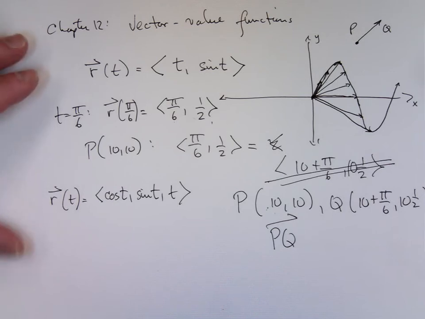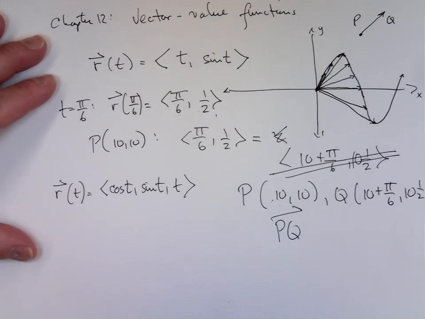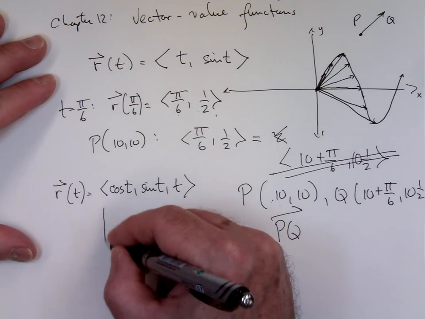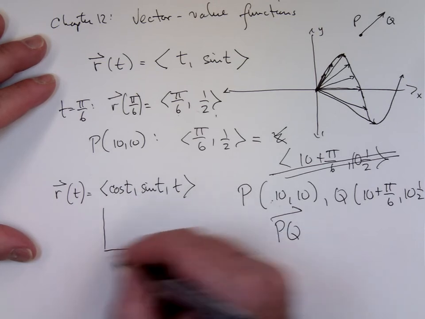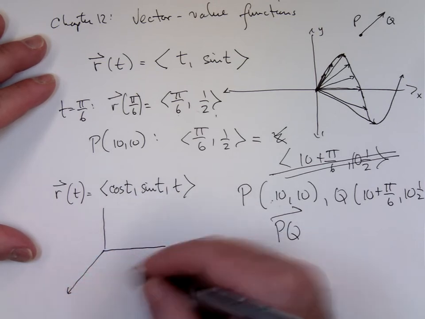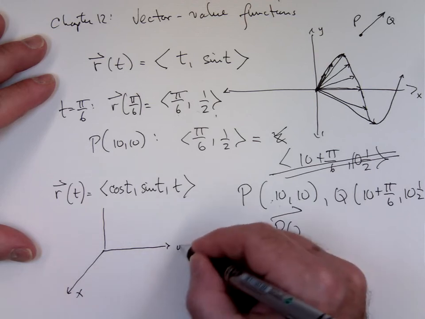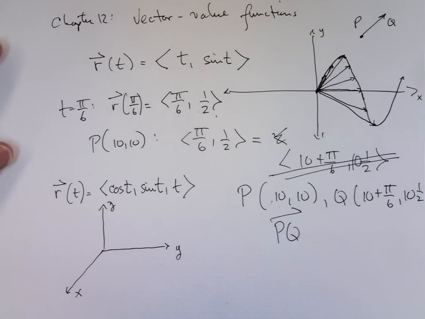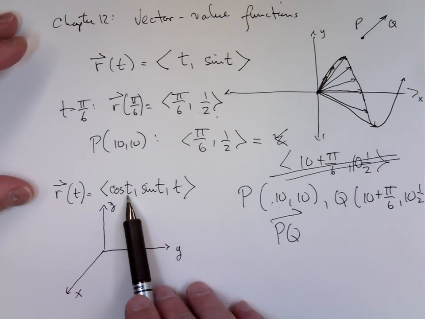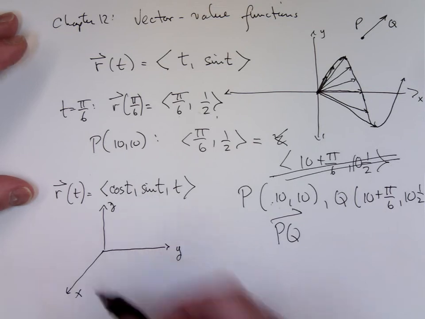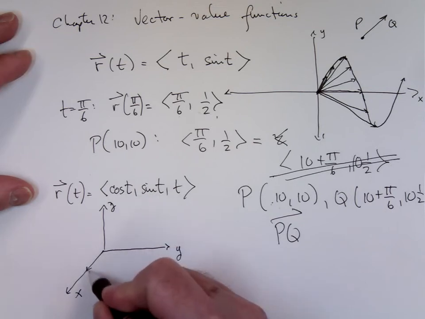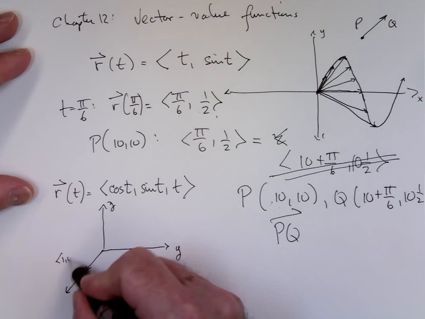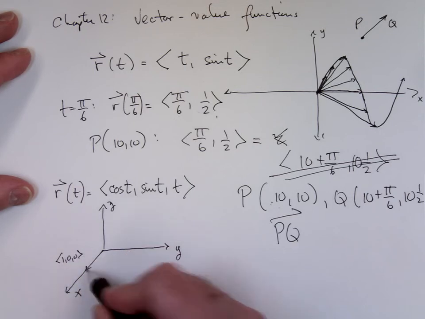What would this describe, this vector valued function in 3 space? Well, if you start t at 0, you're going to end up with 1, 0, 0. That would be this vector right here. We would start here at the point 1, 0, 0.